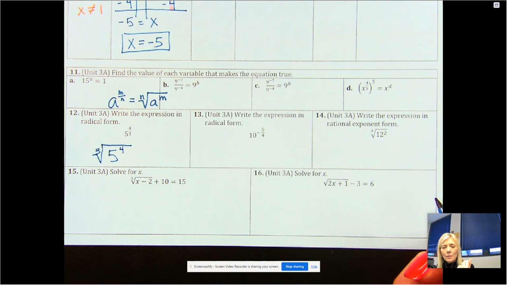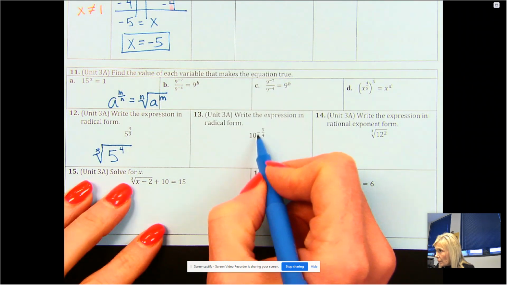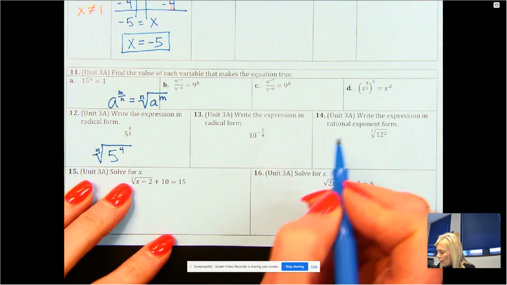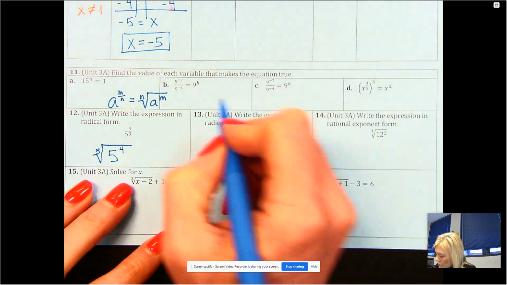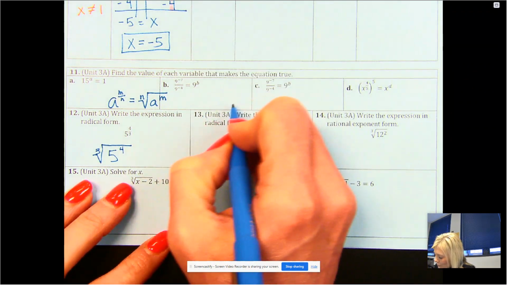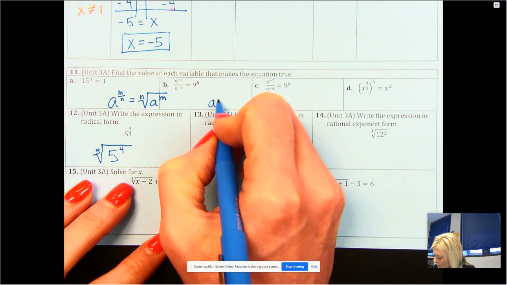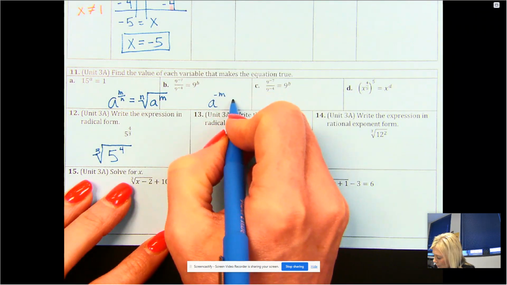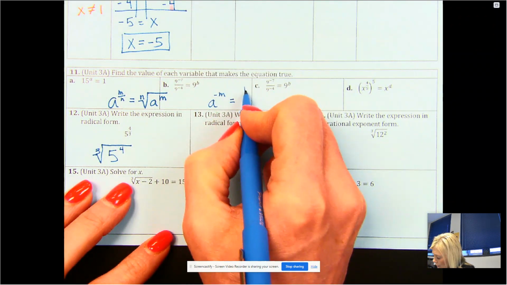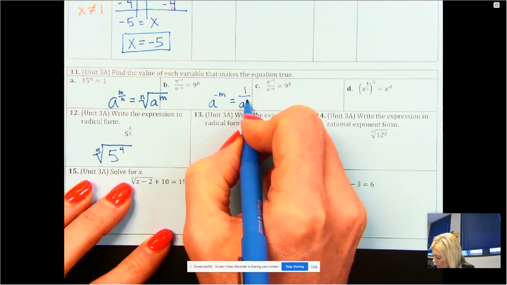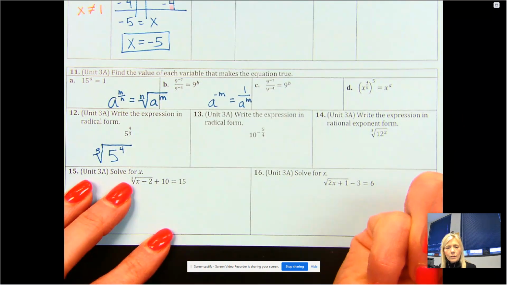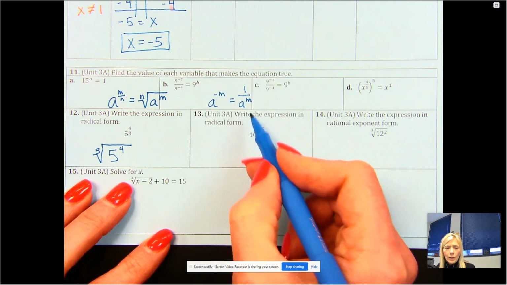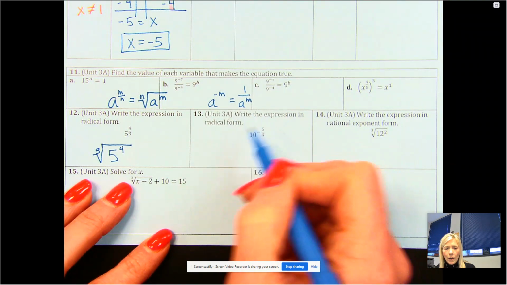And then we have some negative exponents. This is like a negative exponent and a fraction. So the fact that there's a negative exponent here, I'm going to address that first. So you have an exponent rule that says a to the negative m is equal to 1 over a to the m. Okay, and we worked a lot earlier this semester on why that happens.